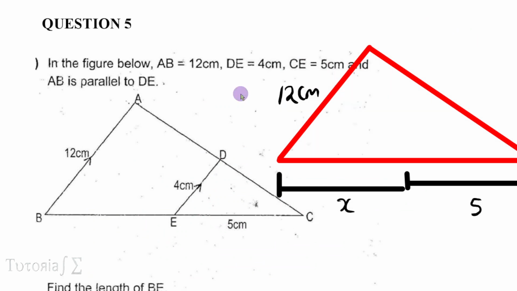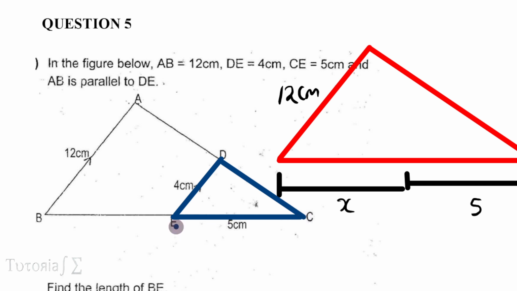Then we also have a small triangle here, which is that, and that.